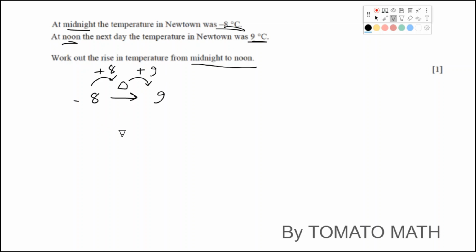So it is 8 plus 9, which is 17. So the rise in temperature from midnight to noon is 17 Celsius. The temperature rose by 17 Celsius from midnight, which is -8, till noon, which is 9.